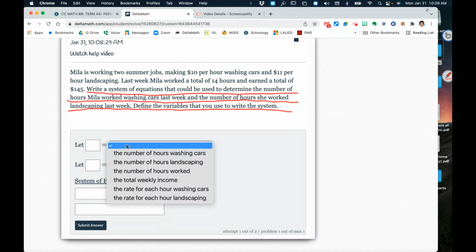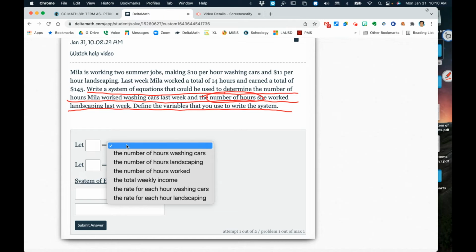So go to the first drop-down menu. We have some choices here. We have 6 choices. Are we talking about the number of hours? Total weekly income, rate of each hour. Which one is it going to be? It says it's talking about number of hours right here.